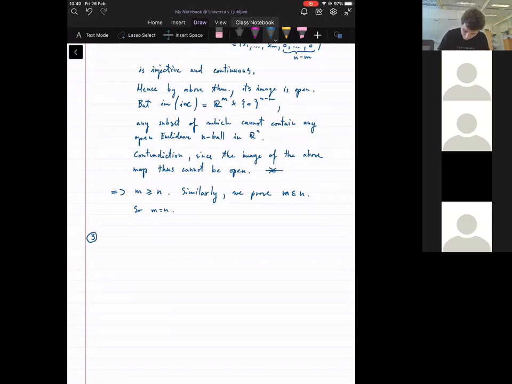Suppose M and N are smooth manifolds, at most one having a boundary.